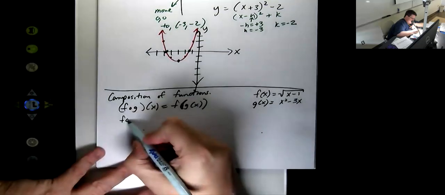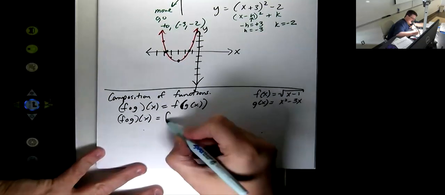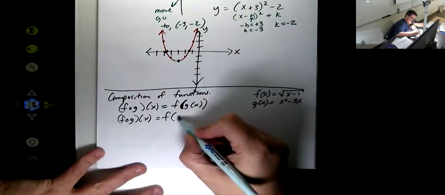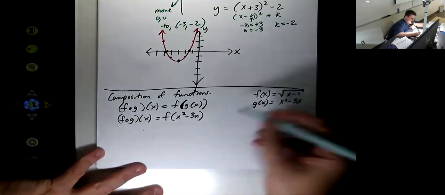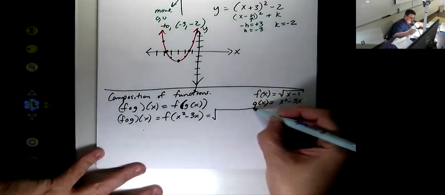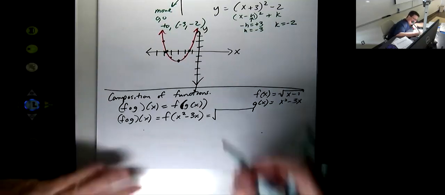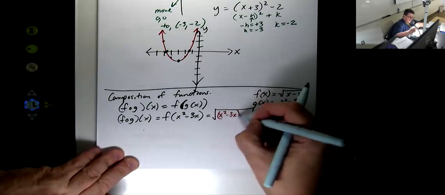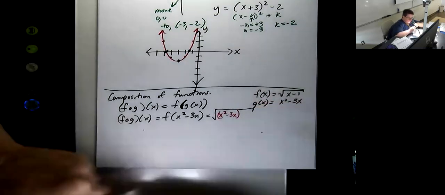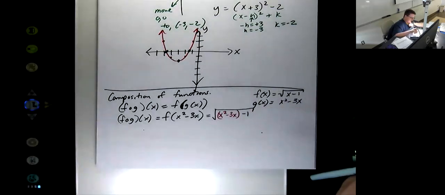When we do f of g of x, we're really taking x squared minus 3x and putting it into f. Which means everywhere I see an x in f of x, I'm replacing it with that g of x, and I'm going to do it in parentheses. Here, the parentheses don't help, but sometimes they do, like if you're squaring or something like that.